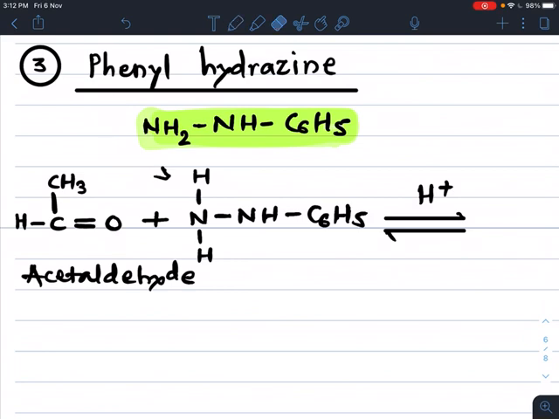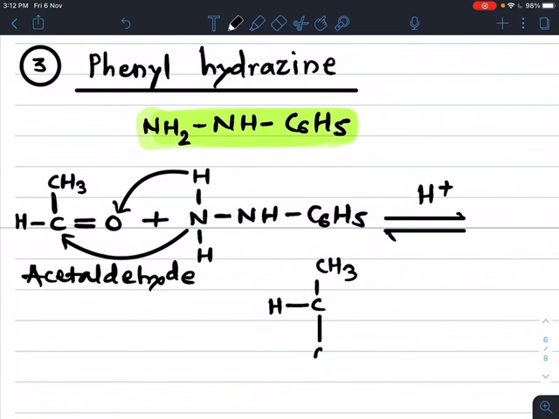The addition takes place in the same way. The hydrogen is added to oxygen and nitrogen is added to carbon. We get the addition product CH3CH as it is, with an OH group formed on the oxygen, the double bond converted into a single bond, and NHC6H5. So this is the intermediate addition product formed from phenylhydrazine.